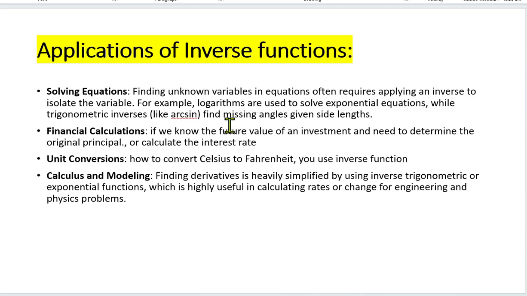For example, logarithm functions are used to solve exponential equations, and inverse trigonometry, like arcsine, is used to find missing angles given side lengths. So in math, there are many applications.